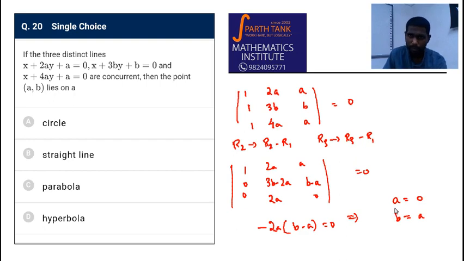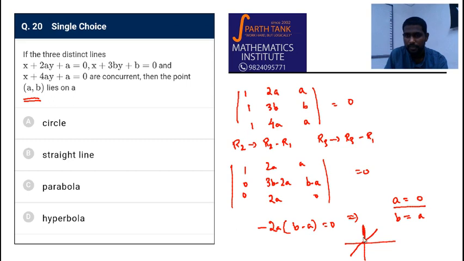Now this is the point (a, 0), but they are asking about the point (a, b). If you consider a as x and b as y, this means x is equal to 0 and b is equal to a means x is equal to y. So x equals 0 is the y-axis, and this represents a line like this.